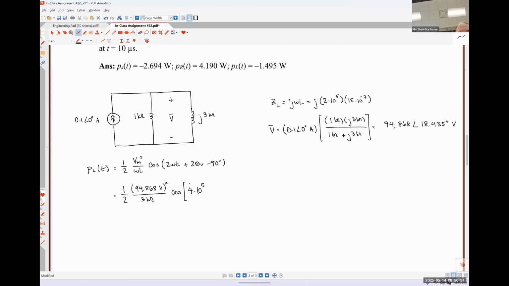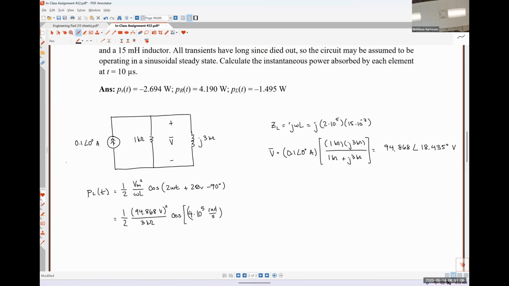And I'm going to make a note here to write this as radians per second, because omega is always expressed in radians per second. We are asked to find our instantaneous power at t equal to 10 microseconds, so I'm going to put in 10 times 10 to the minus 6 seconds.